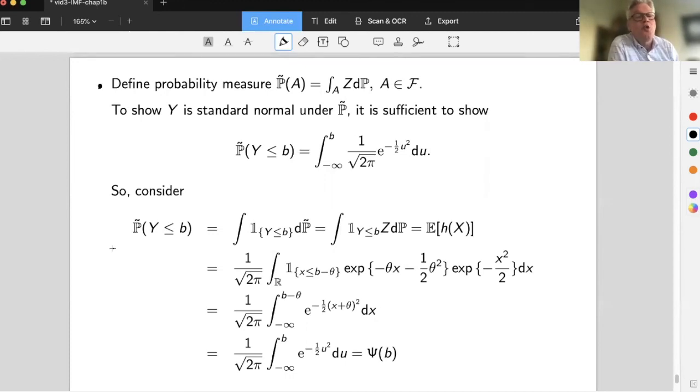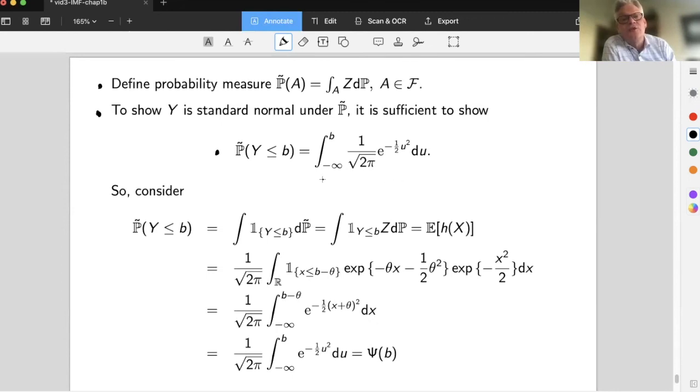Now to show that Y is standard normal under P tilde, it is sufficient to show, in fact, that the probability P tilde of Y being less or equal to the value little b, by definition, should be the integral from minus infinity to b, 1 over the square root of 2 pi, e to the power minus 1/2 u squared du.